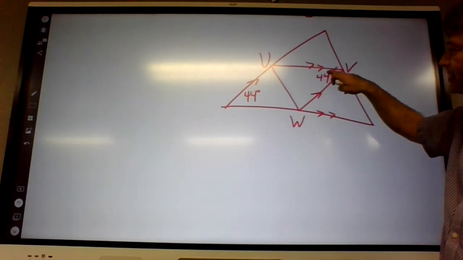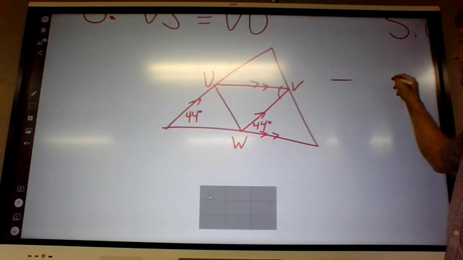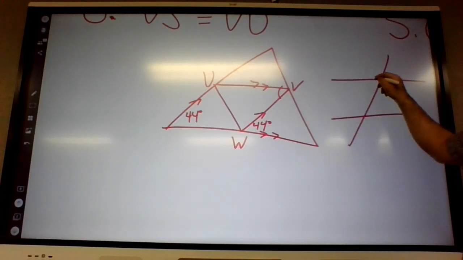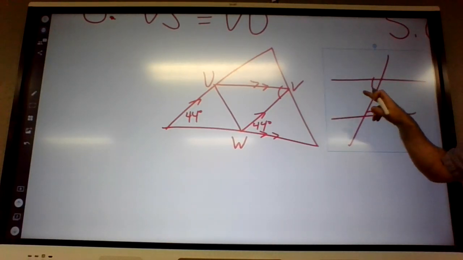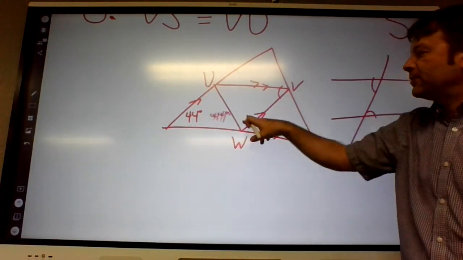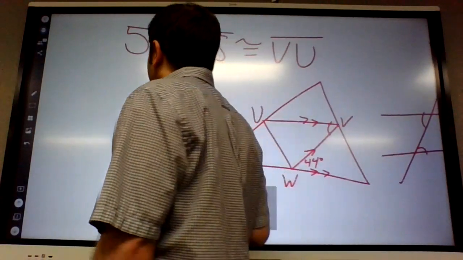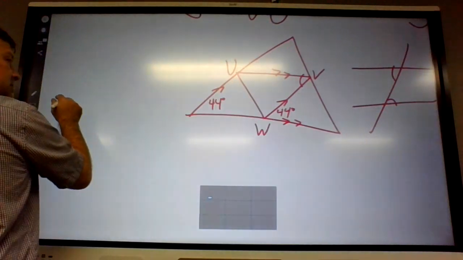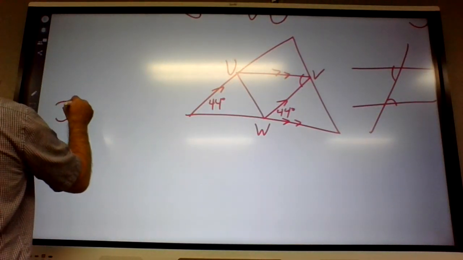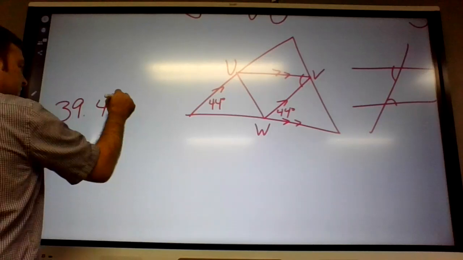You guys remember what these angles are called? Alternate interior. It's kind of like this one and this one. So 44, 44, 44, 44. In summation, what number are we on? 39. It's 44 degrees.